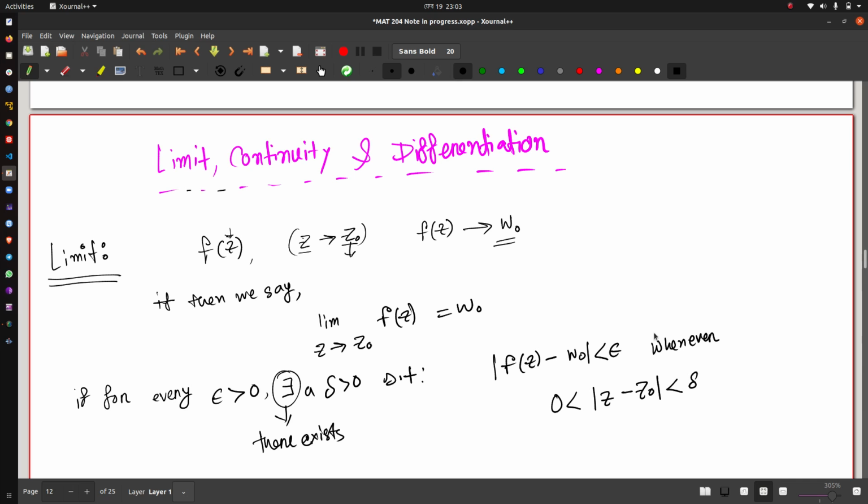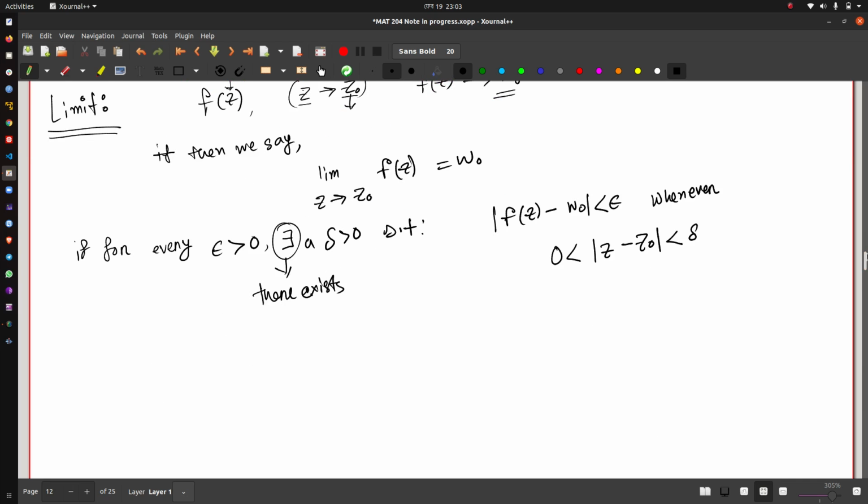So what does this thing mean? Well, this epsilon and delta, both of them are greater than 0, but they are sufficiently small, especially the epsilon itself. Now, when the difference between f of z and w naught is less than this epsilon, then for every epsilon you can find a delta that will satisfy this inequality over here.